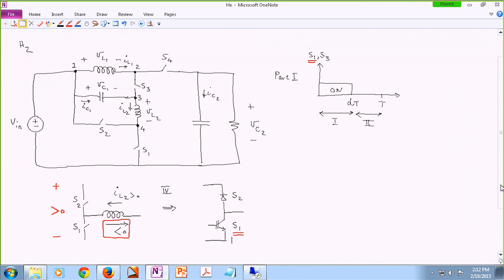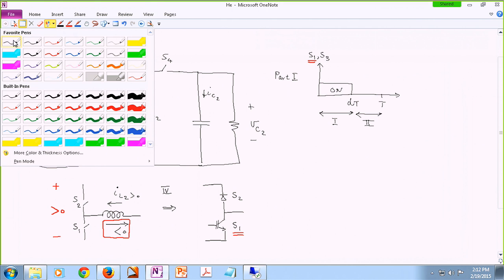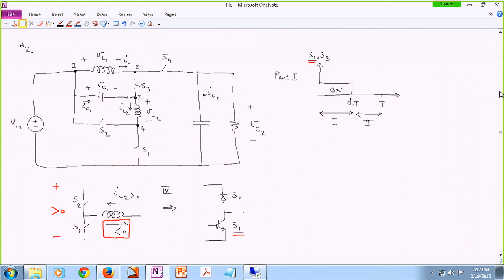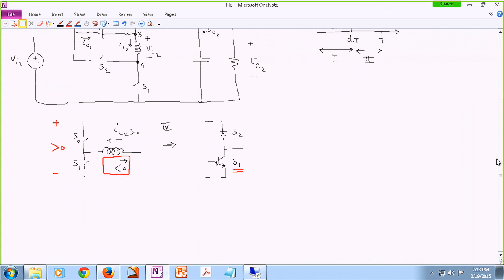All right, so this was all about realizing S1 and S2. Now let's look at S3 and S4. I'm just going to redraw them down here. So this is S4, this is S3, and this is IL1, which we discussed.